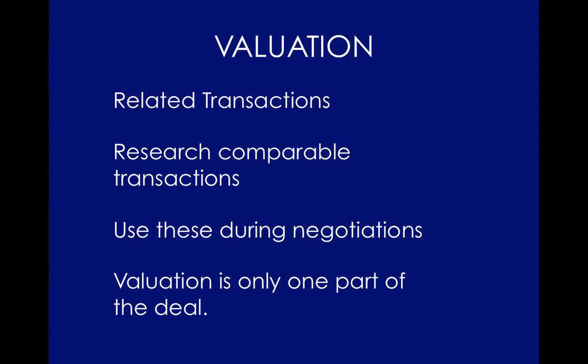And if you do use publicly traded comparables, make sure that you discount them down, chop it 35%, because you're not a liquid company. You're not easily bought and sold on an open market. So there's some issues with liquidity there. But what you really want to do is just focus on related transactions you see in the news. So research comparable transactions for your space, and you want to use these during negotiation.